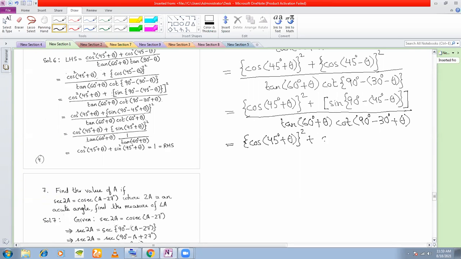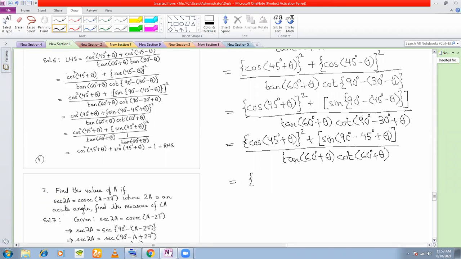And this one becomes sine of 90 degree, if you open the brackets, 90 degree minus 45 degree plus theta. And the denominator, if you see, you're getting tan 60 degree plus theta, and also you're getting cot of the same angle, 60 degree plus theta.